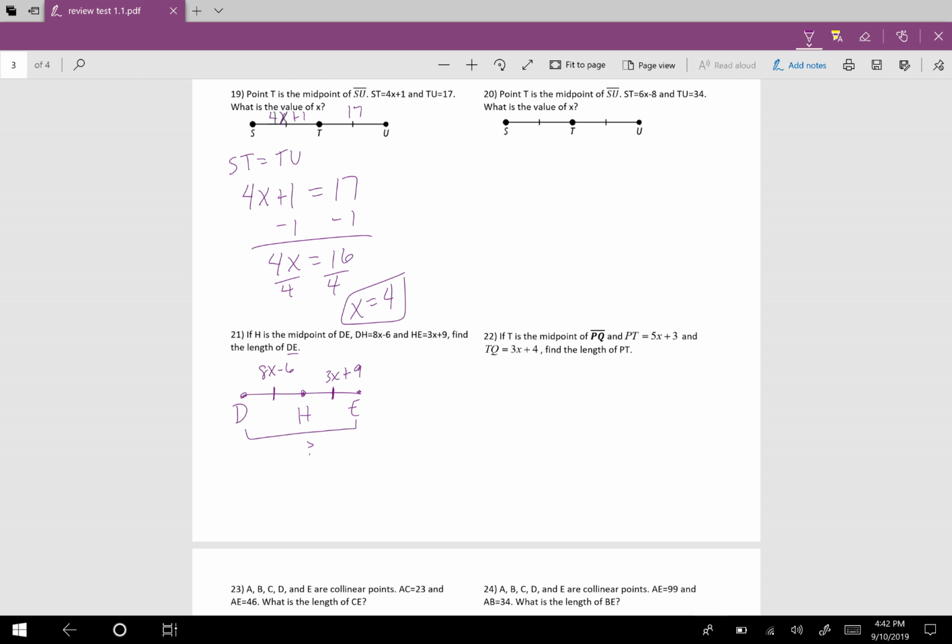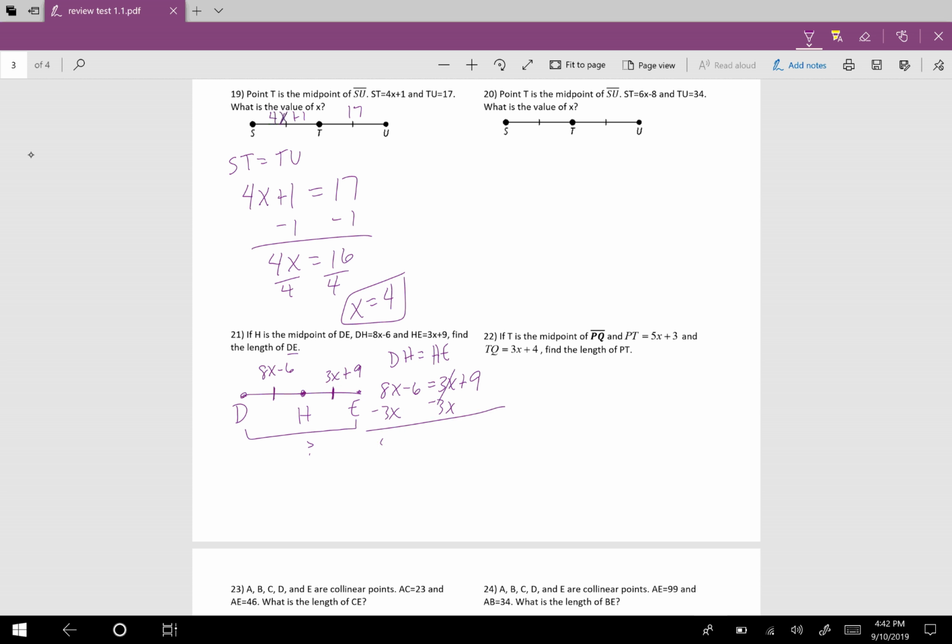So we have to use the fact that H is the midpoint, and we understand that DH is equal to HE. So we take the two expressions they gave us and we set them equal. So 8x minus 6 is equal to 3x plus 9. Okay, and we have to solve this for x now. So going ahead, we gotta subtract 3x from both sides. So take away 3x.